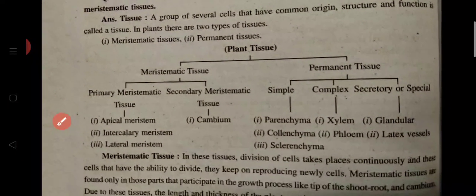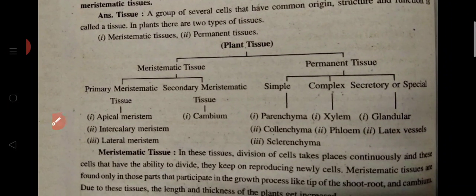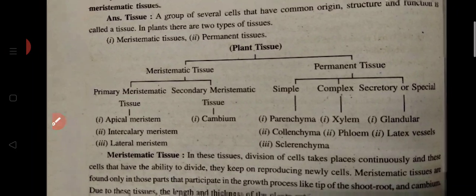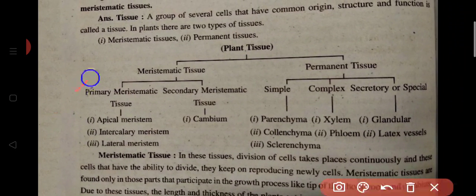And meristematic tissues are divided into two main parts on the basis of their origin. First is primary meristematic tissue and second is secondary meristematic tissue.